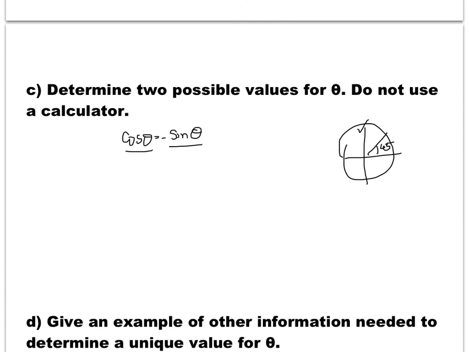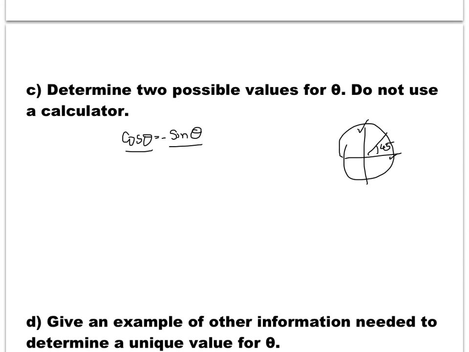In quadrant 3, we have both sine and cos negative, so this is not okay. Quadrant 4, we know that cos is positive, but sine is negative, so they are opposite signs. So this quadrant is also okay.